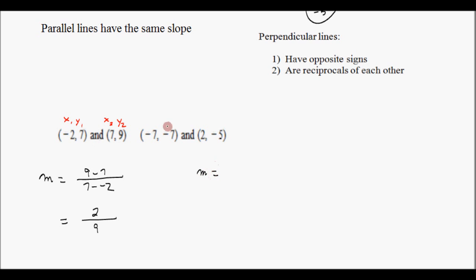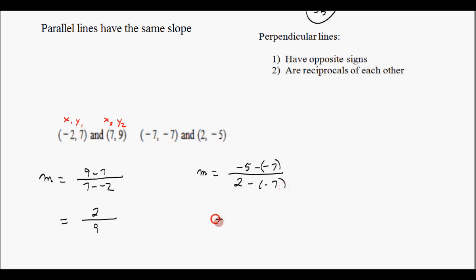Now let's take these. And again, we'll just go in the same order, x1, y1, x2, y2 here. So negative 5 minus a negative 7. Well, we've got to really watch our signs here. This guy minus that guy: negative 5 minus a negative 7. And then the change in x will be 2 minus a negative 7.